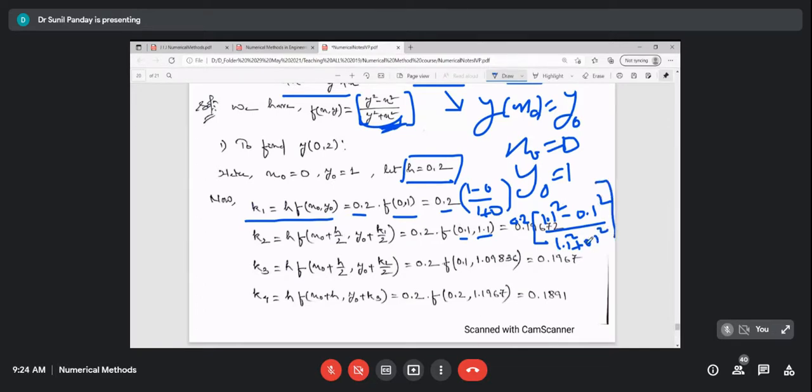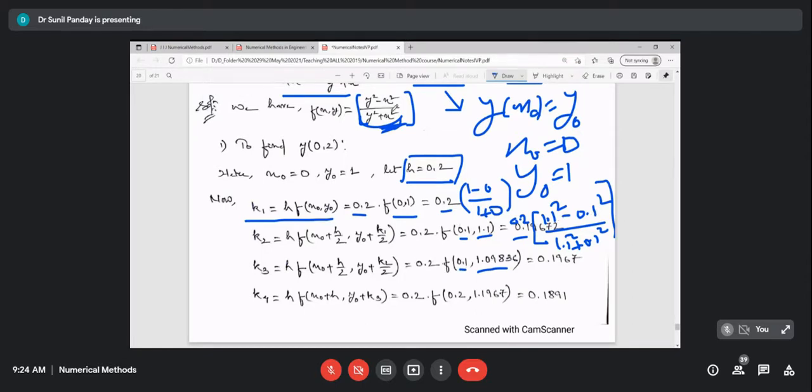And after simplification you will get 0.19672. And then we will calculate k3, which is h of f (x naught plus h by 2, y naught plus k2 by 2). So k2 is 0.19672, and we divide this by 2 and add this to y naught, that is 1. So we have this one, and x naught plus h by 2 is this one.